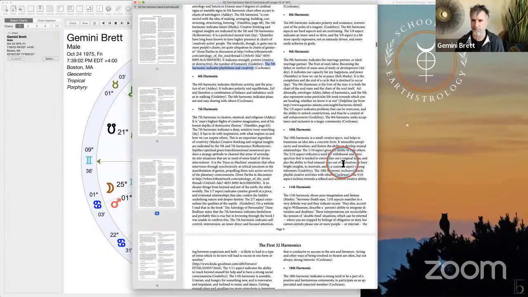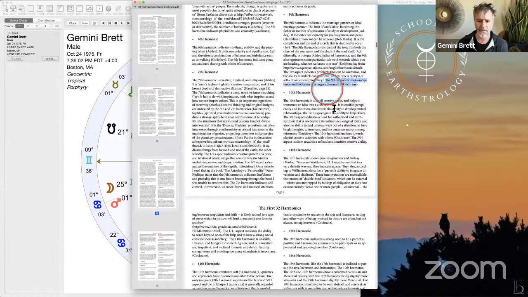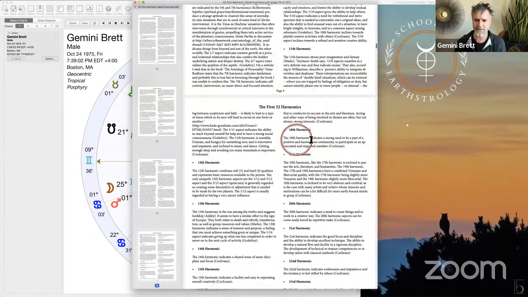And you'll find in this paper, if you're so inclined to review, that things like the 9th harmonic seeks acceptance and inclusion in a larger community. That's an interesting delineation for the 9th. But then the 18th harmonic indicates a strong need to be part of a positive and harmonious community, to participate as an appreciated and respected member, right?